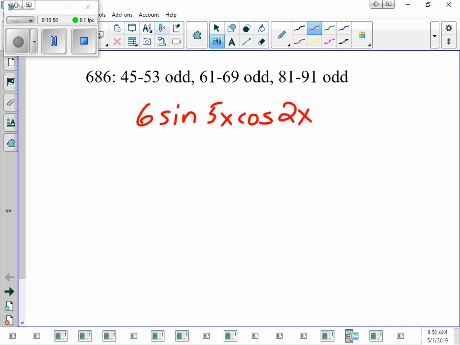So look over at your product and sum formulas, which is on the right side near the bottom. Which one is sine times cosine? Which one of those 4 formulas is sine times cosine?